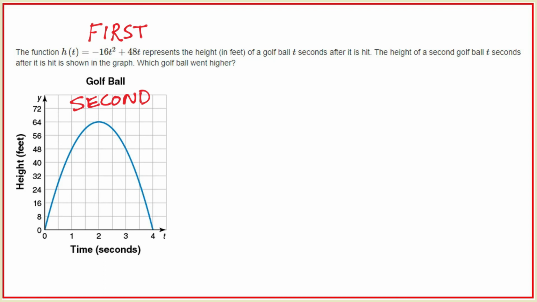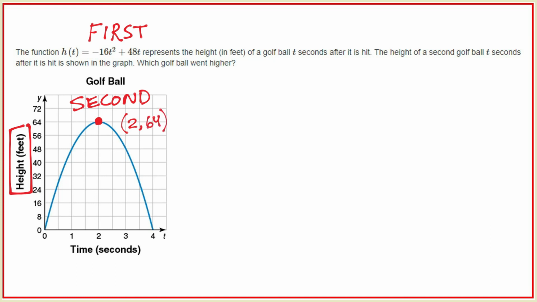Well, if you look at the y-axis of the graph, it is height. So the y's are height. So if we can find the vertex of this parabola, which is going to be right here, the y-coordinate of the vertex will be the maximum height. So it looks like on this graph that the vertex is at 2 seconds and 64 feet.